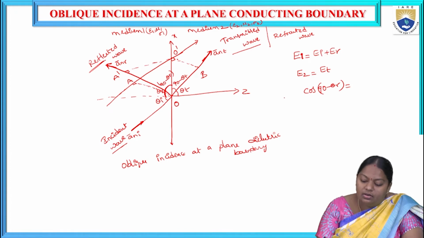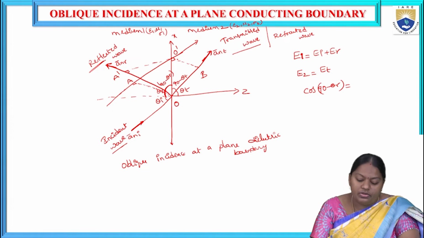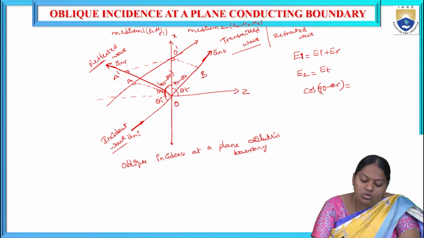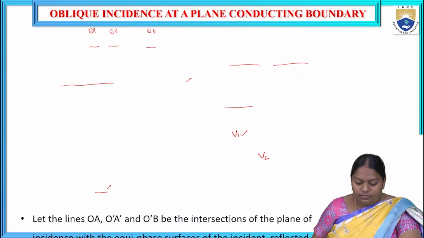For this triangle, if you write cos of 90 minus theta R, then how do you write the angle function? Adjacent side by hypotenuse. The adjacent side of 90 minus theta R becomes here OA dash by the hypotenuse OO dash.